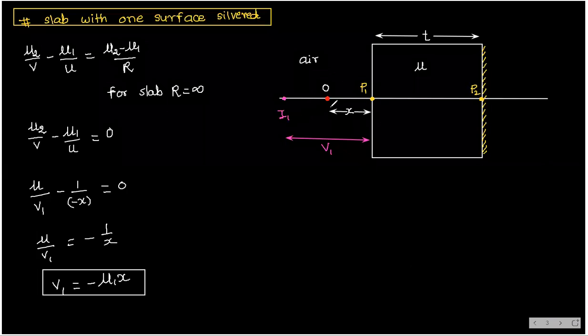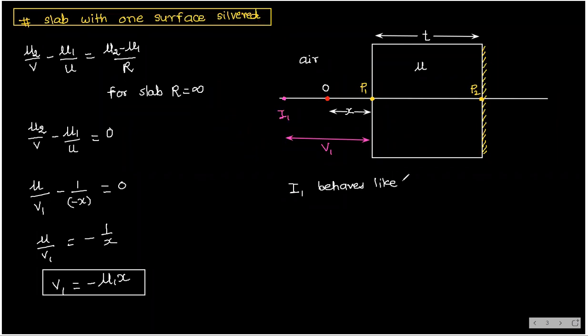Now this I1 behaves like an object for pole P2, and I2 is the image.